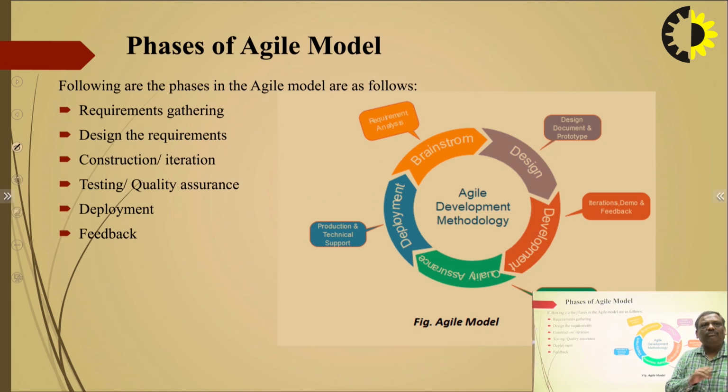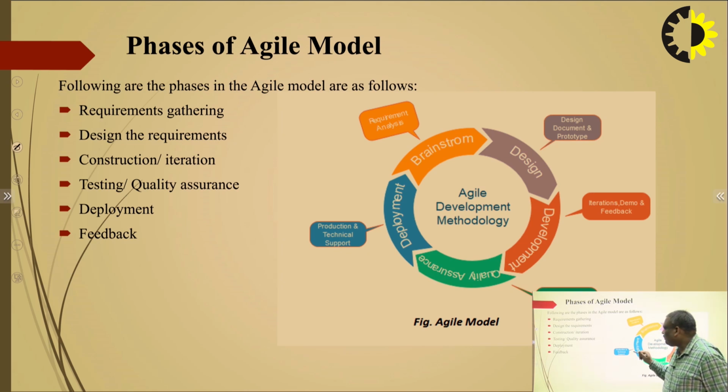Now the phases of the Agile model. We can say there are no changes from the SDLC phases. We set requirement gathering first, then design, then construct, then testing and quality assurance, then deploy, and then find feedback from the client side.